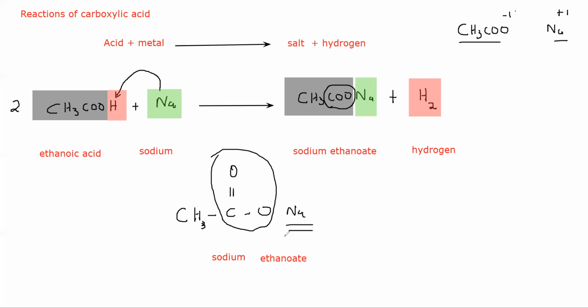Okay. Then this gray shade CH3CO, how many are there on the left hand side? There are 2. So if I put 2 here, it means that CH3CO gray shade is balanced.